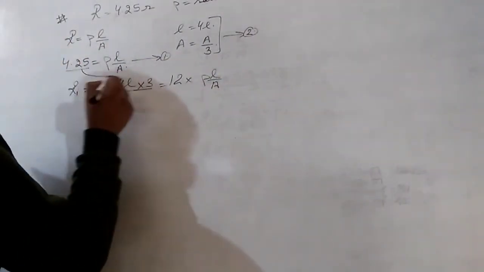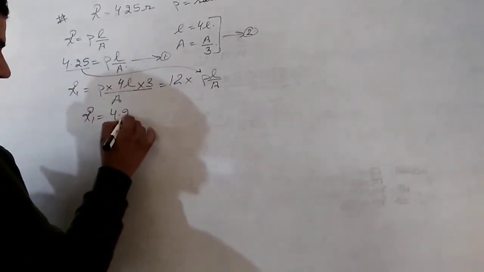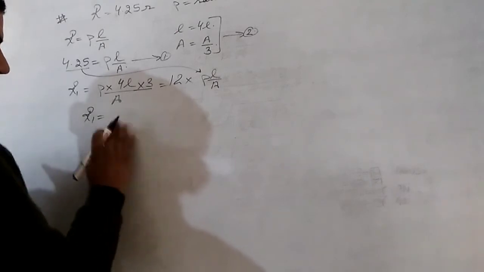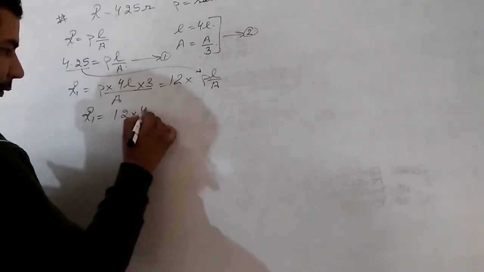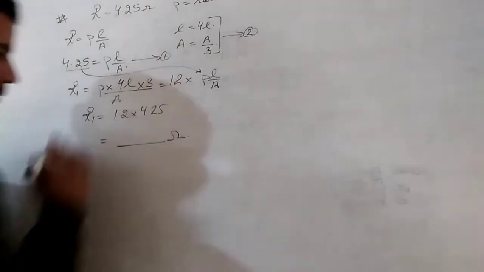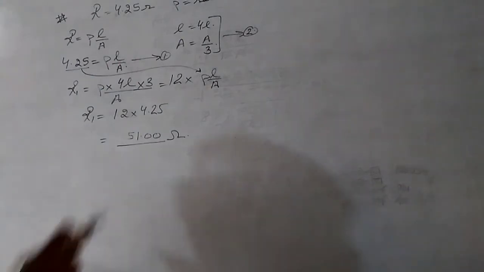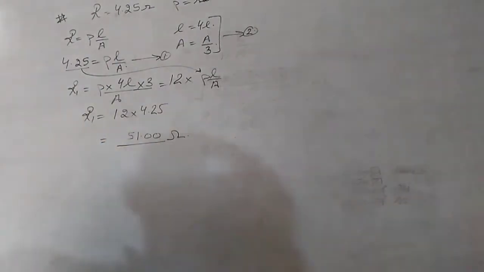So new resistance R1 is equal to 12 into 4.25 ohms. So this is 51 ohms resistance.